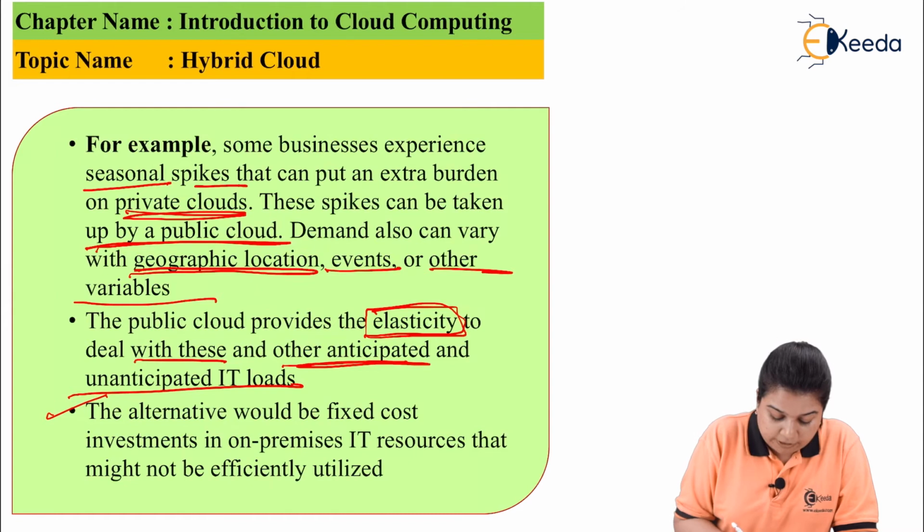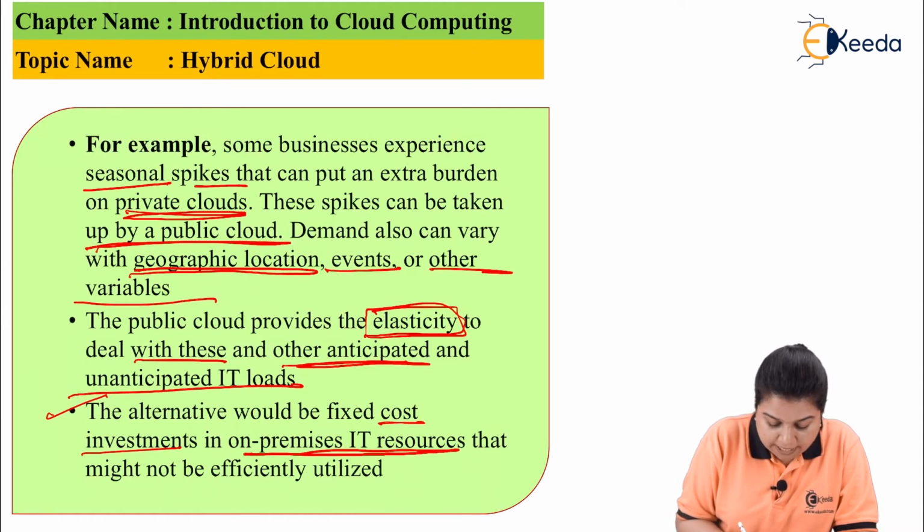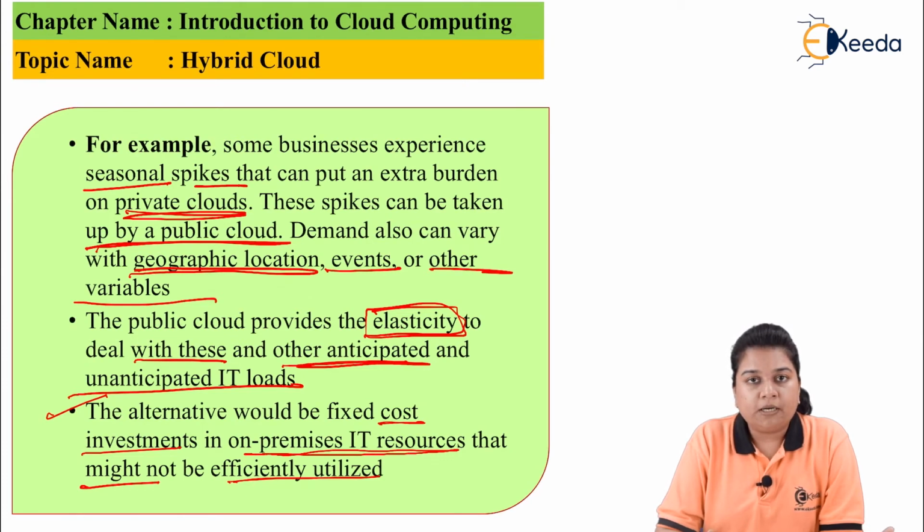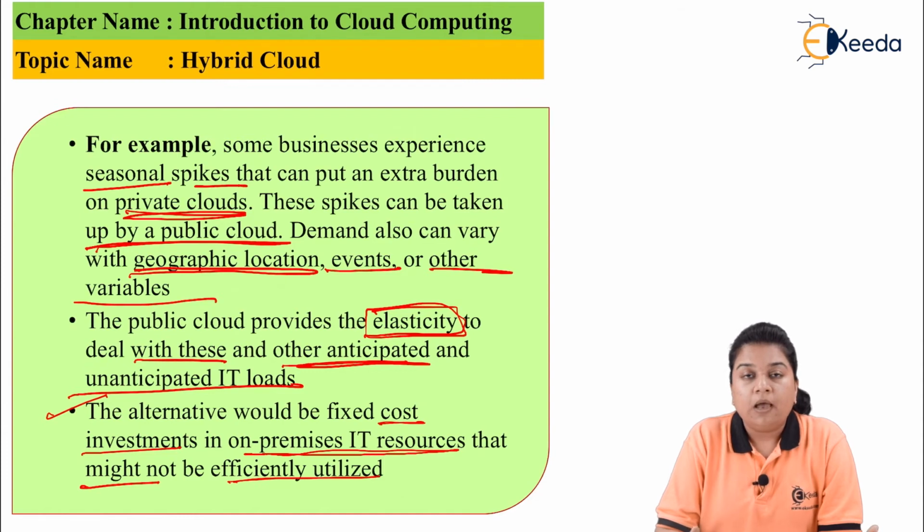Next, the alternative would be fixed cost investments in on-premises IT resources that might not be efficiently utilized. See, as we know in cloud computing, if we are using public cloud services, as the use increases, we need to pay more. But when a company owns its own private cloud, there is a fixed amount of cost they have to bear.